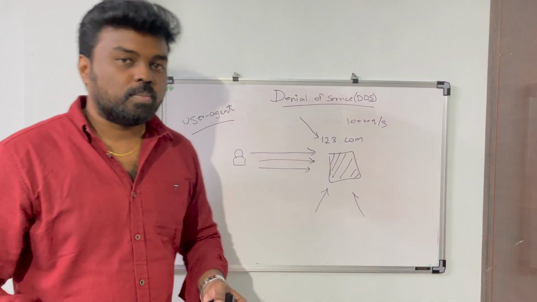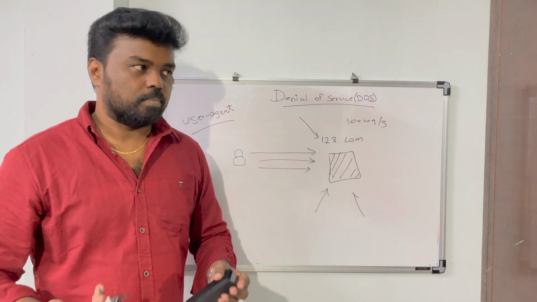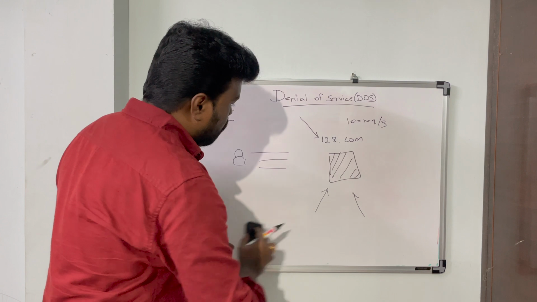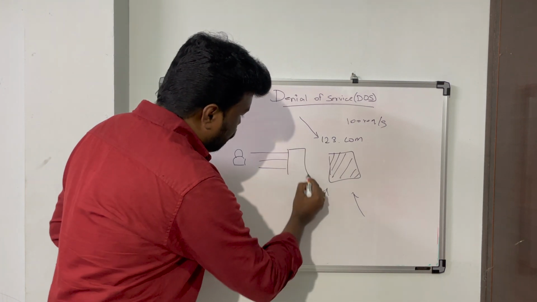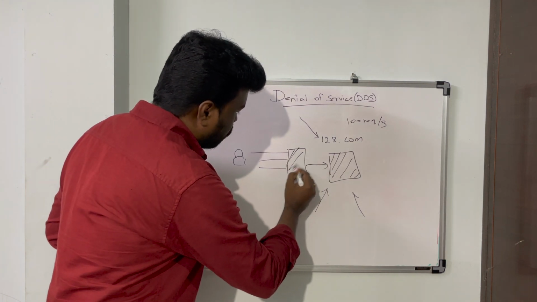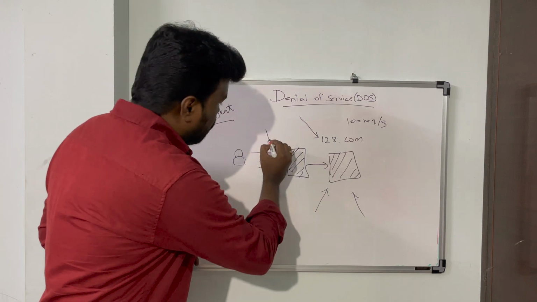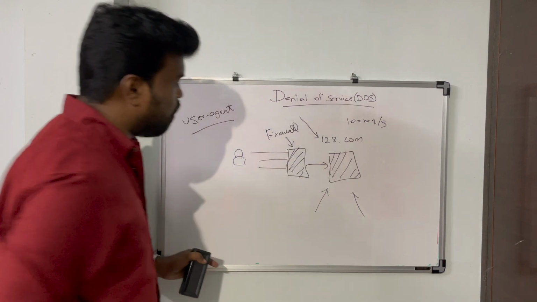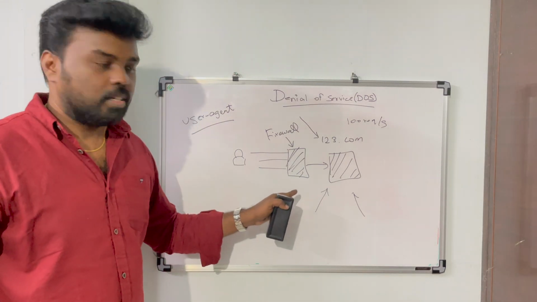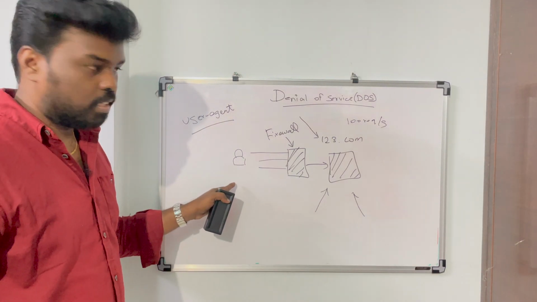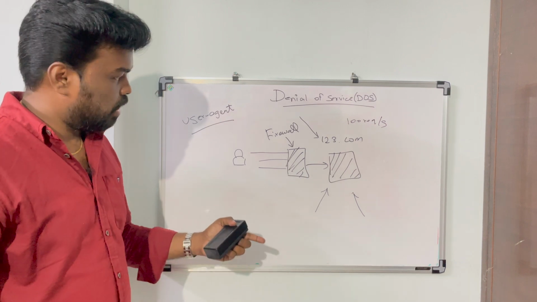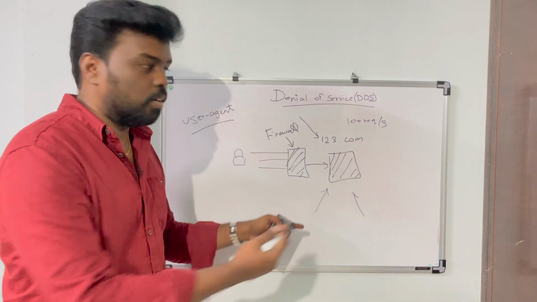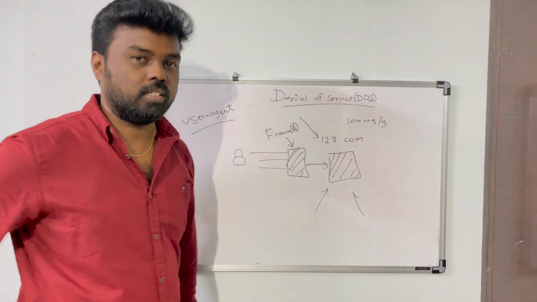Another approach to prevent DOS is to put one more server in front of your application server, and we can call this server a firewall. This firewall server will monitor the requests coming from the users, scan them, and then decide whether to allow the request or deny the request to the application server.